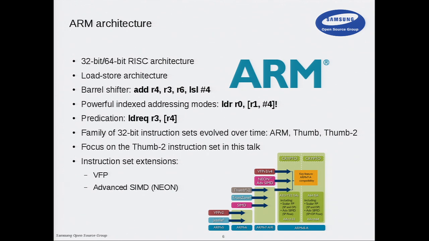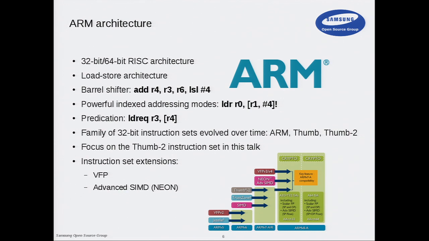Then at some point Thumb was introduced, which is a 16-bit subset. And at some point the Thumb2 instruction set was introduced, which tries to give you the best of both worlds: performance similar to the original ARM instruction set, but code density closer to what you would get with Thumb.